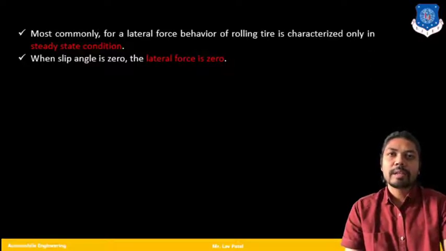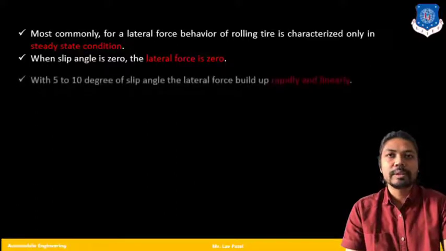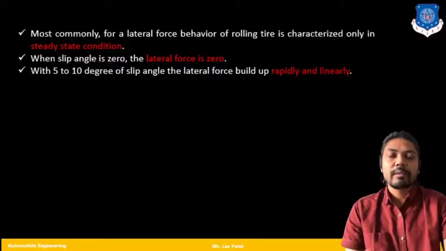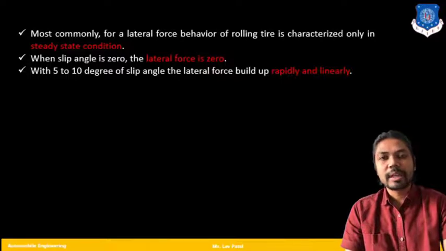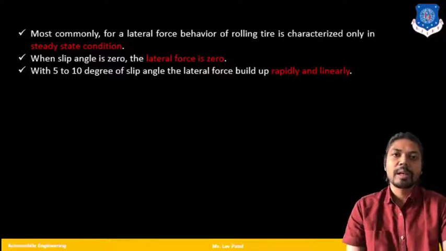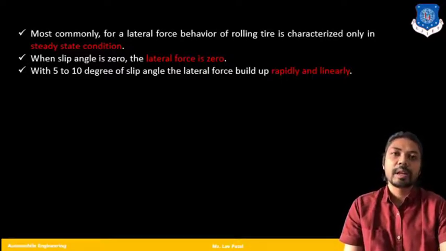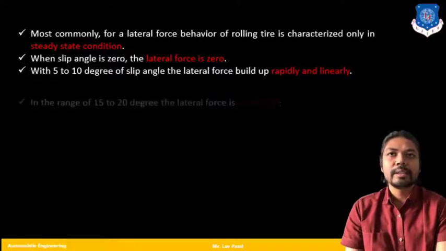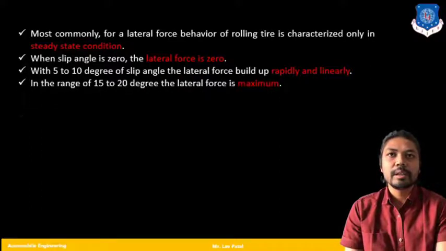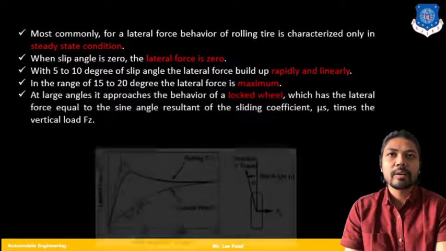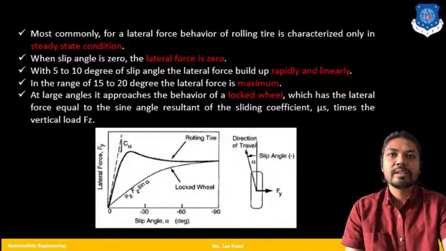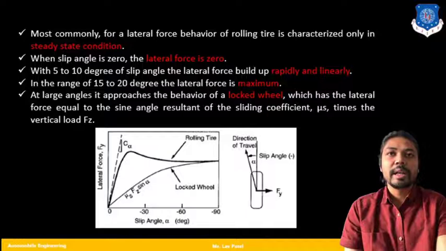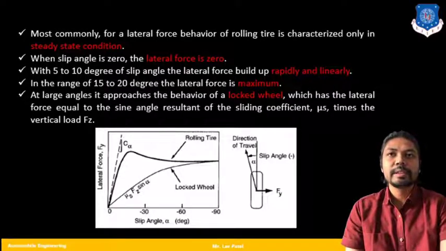Now if the slip angle is zero, the lateral force is zero, but we have already talked about this in our earlier lecture, that it is not going to happen that our slip angle is zero. So with 5 degrees to 10 degrees of slip angle, the lateral force builds up rapidly and linearly. Here you can see from this figure at 5 degrees or 10 degrees, in the initial stage you will find rapidly increasing lateral force, that is Fy.